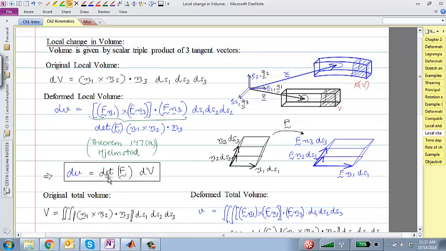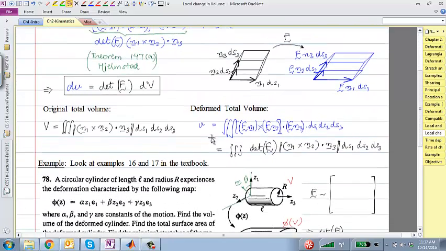Or you can transform that integral like we did here. We transformed the deformed volume back to something in terms of the undeformed volume, expressing the deformed total volume as an integral in terms of the undeformed parameterization.